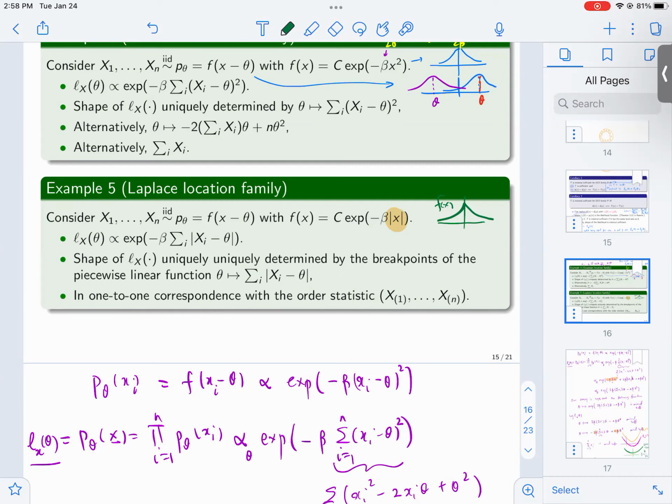You can see the only difference is that I just changed the f of x. Both are location families, but somehow this family is more informative. If you think that the sum of the xi's is more compressed than the order statistic, then this has more information.